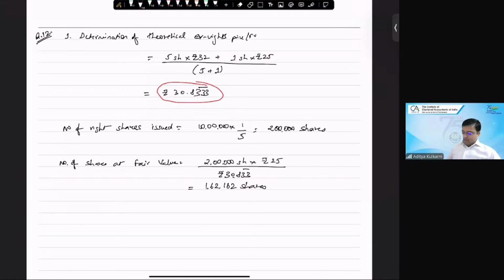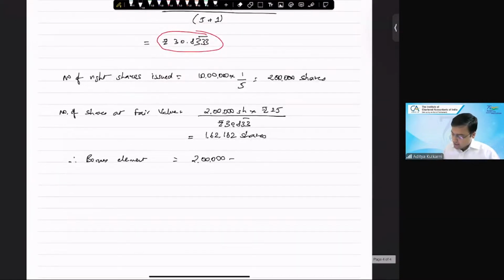All right. Therefore, bonus element is 2 lakh minus 1,62,162. Bonus element is equal to, I am issuing 2 lakh shares, but the fair value element is only 1,62,162. So 37,838 shares is nothing but your bonus element. Are we convinced about this?